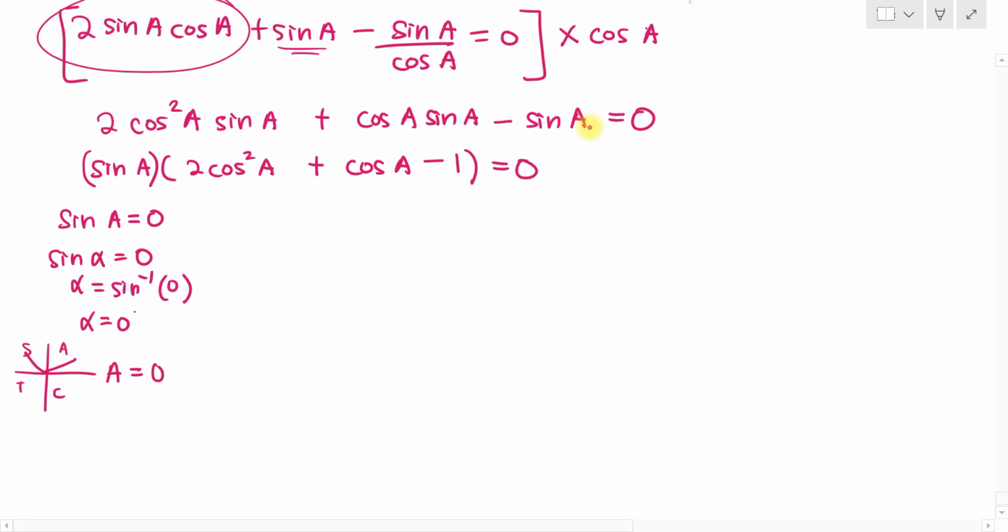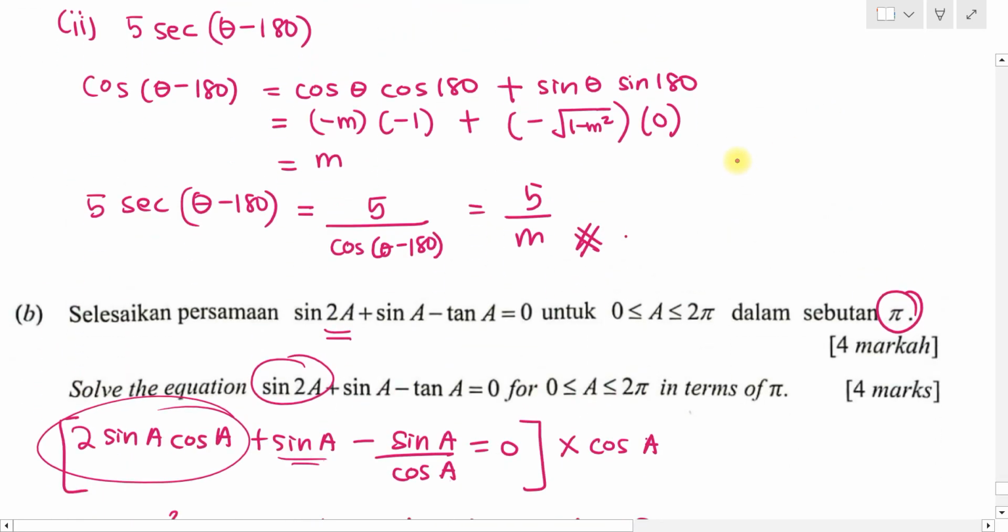A can be 0 degree, or second quadrant is 180 minus 0, 180. And then, when we come to 360, it also can be. 360 minus 0, or this 0, I just add 360. 360 can still be the answer because they want until 360 degrees.